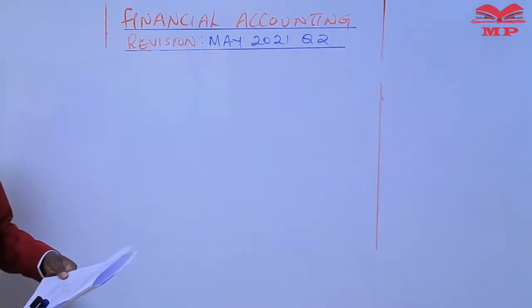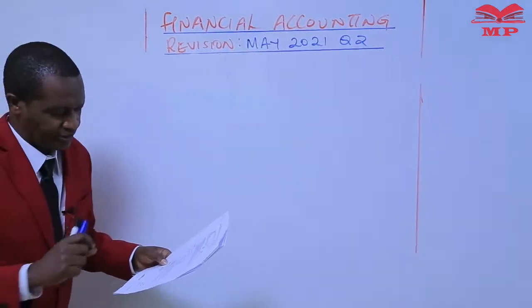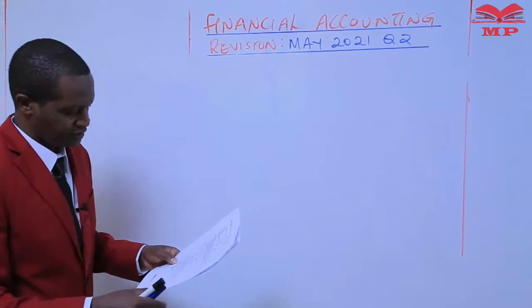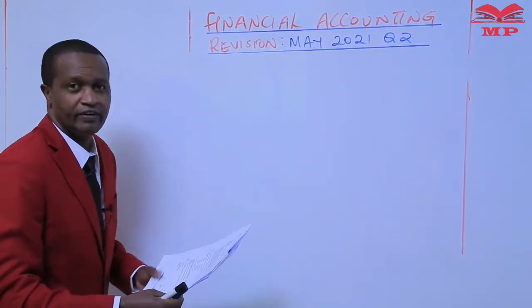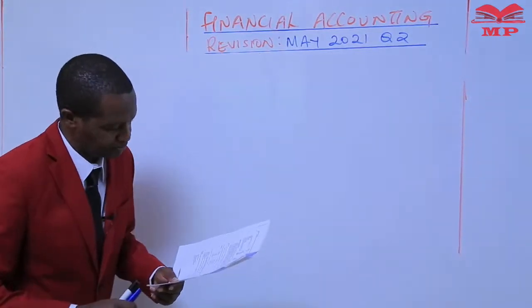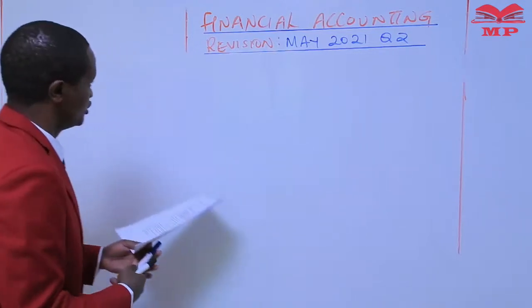Candidates, we will answer this question, and you can see the examiner was lenient enough to give a hint on the columns that are required when preparing the property, plant and equipment schedule.